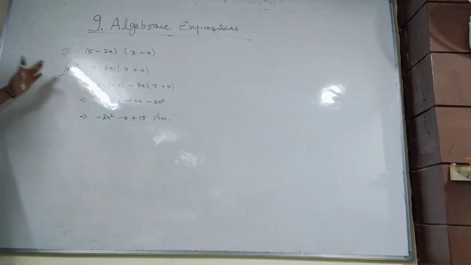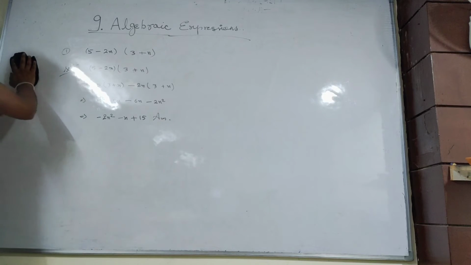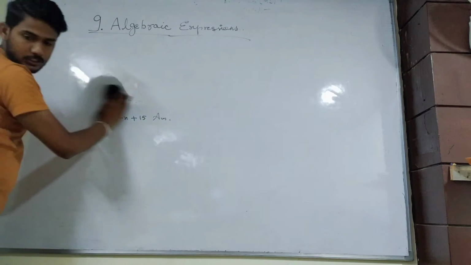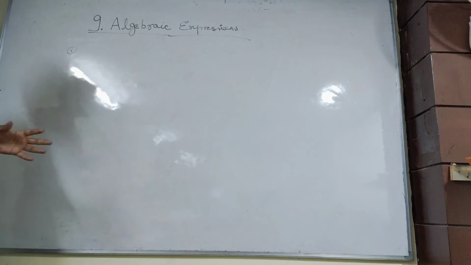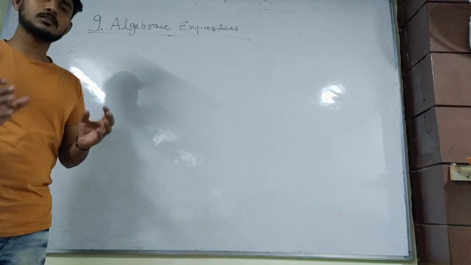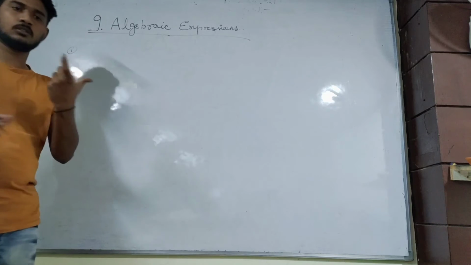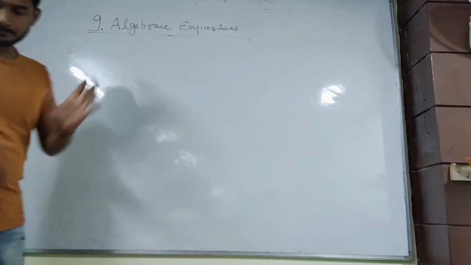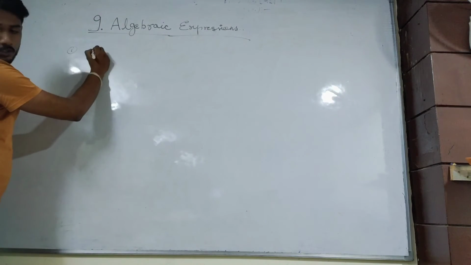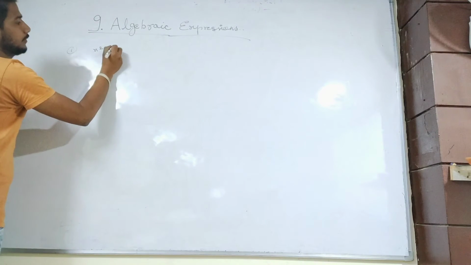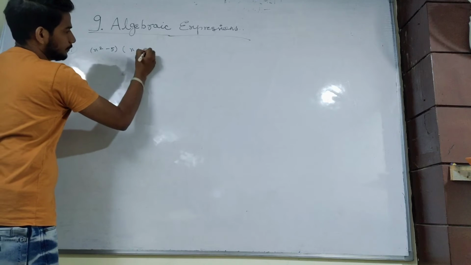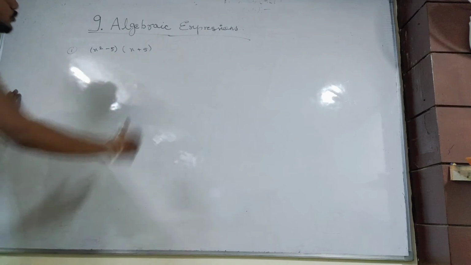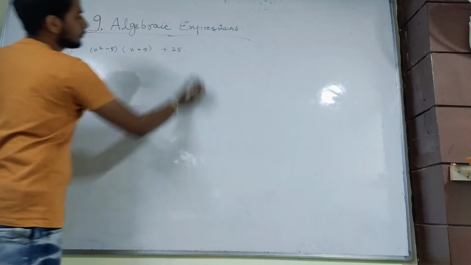Apart from this, the rest of the questions are similar and you can do them very easily. Now we will move on to question number 3, which is simplify. Simplify means we have to break down the question in such a way that the solution becomes small. The problem is x square minus 5 bracket into x plus 5 plus 25.